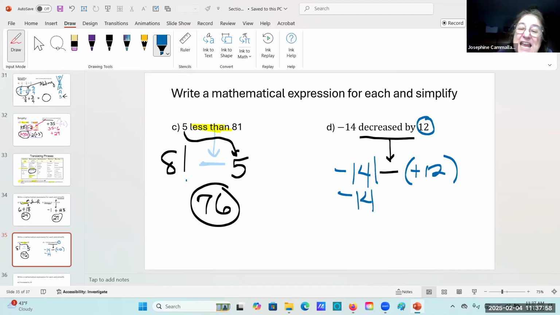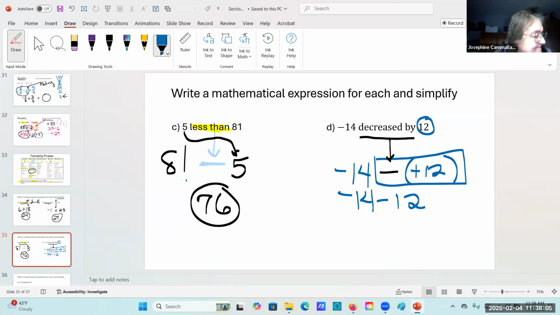Now, take the opposite of a positive 12, which is a negative 12, which gives me a negative 26.